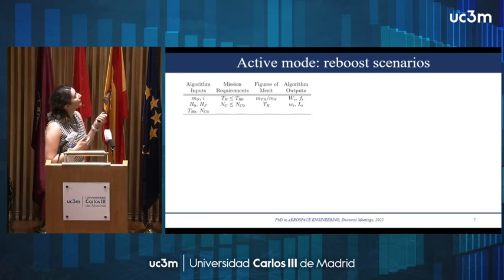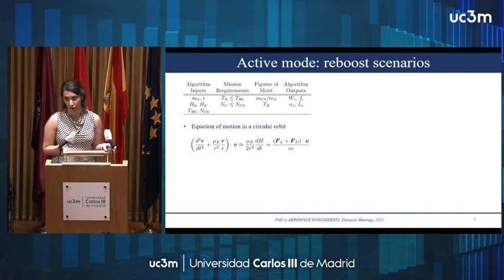And the cut probability should be less than the threshold. This is a mission requirement. And the figures of merit of this algorithm are the mass ratio of the tether system to the satellite, or reboost time. And the outputs are design parameters.